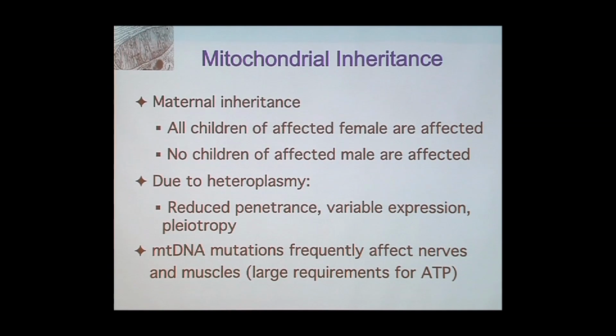So the mitochondria can split off differently, so there might be different percentages of normal to mutant mitochondria in the different daughter cells. So there can be a lot of variability in the presentation of mitochondrial disorders, okay? And then again, these mutations most frequently affect nerves and muscles, just as you guys said. That's excellent.